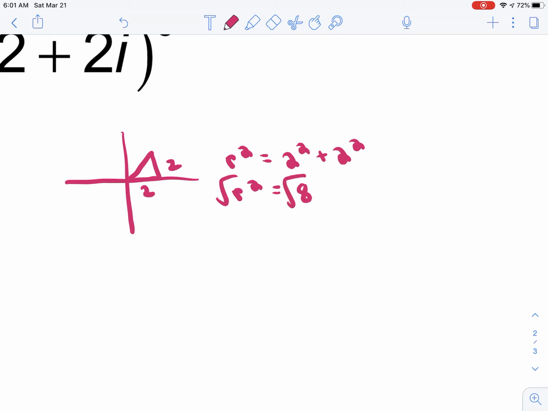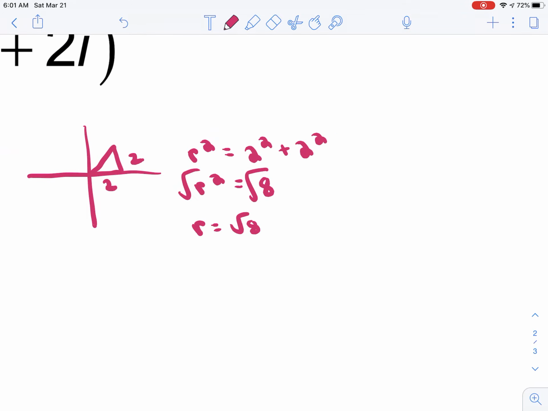And then we're going to get an r value of the square root of 8. To be honest, I am okay leaving it unsimplified, but some teachers do simplify. A multiple choice question on a quiz or test might have it simplified. So just remember that you can break that down with a factor tree, or just knowing that 8 has a factor of 4, which is a perfect square. You can rewrite that as 2 root 2.